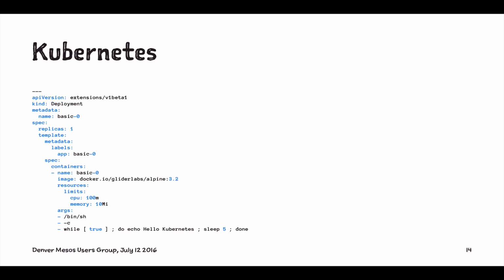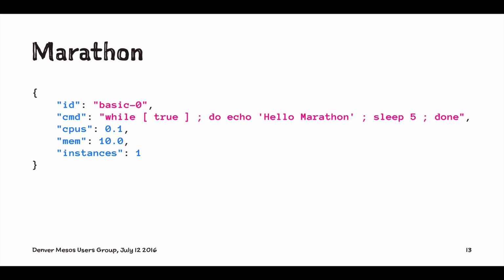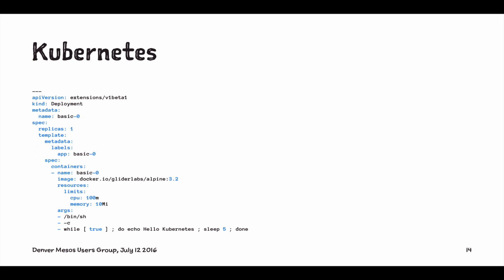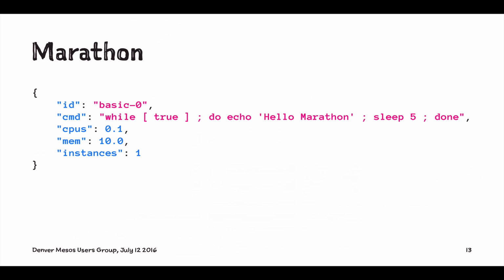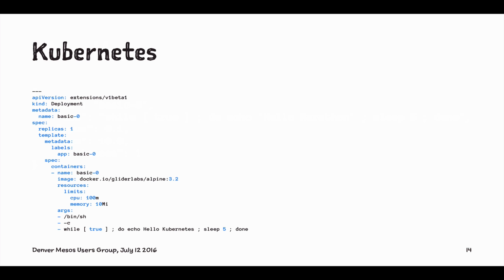And we have the same resource limits: 100 milli-CPUs, or 1/10 of 1 CPU, and 10 megabytes of memory. So this is equivalent, though not exactly equal because we have to run a Docker container, but this brings a lot of nice features. However, when you compare the Marathon JSON and the Kubernetes YAML, you wonder which one you would want to use on a daily basis. Probably the simpler one.